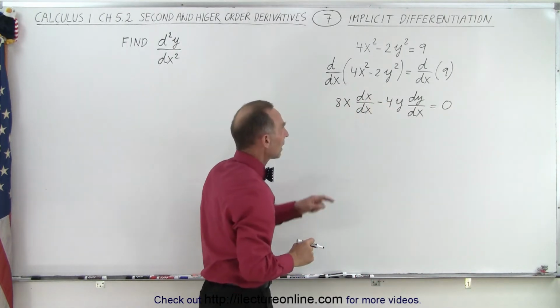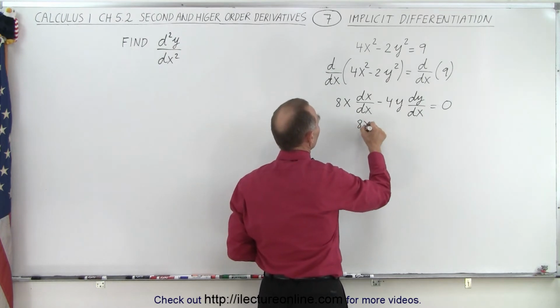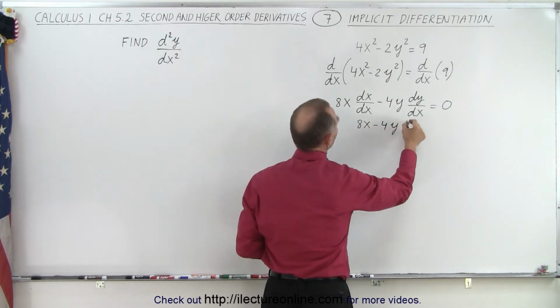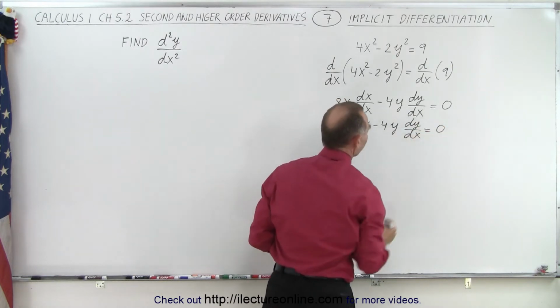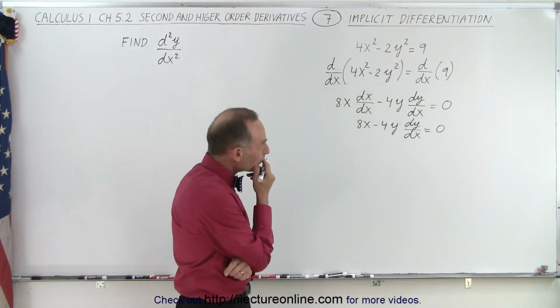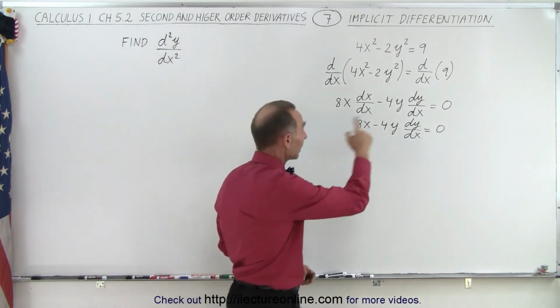So what we're going to do next is realize that this is equal to 1. So we can say that this is simply 8x minus 4y dy dx, and that's equal to 0. Now we need to solve that for dy dx. Let's bring the 8x across.